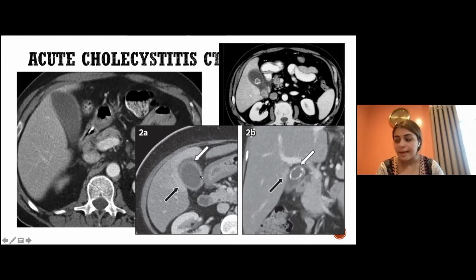And then you'll see the hyperemia around the liver, which is shown over here with the black arrow. You'll see the large stone at the neck of the gallbladder right here in 2B. And that would be how you're able to pick up acute cholecystitis on a CT scan.